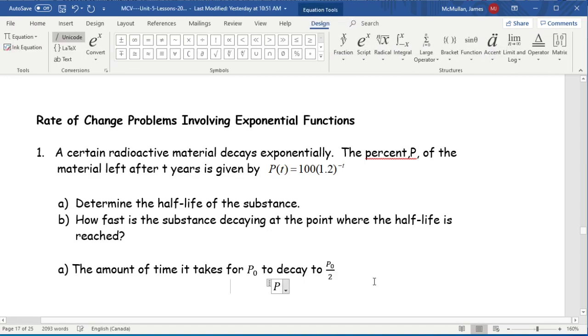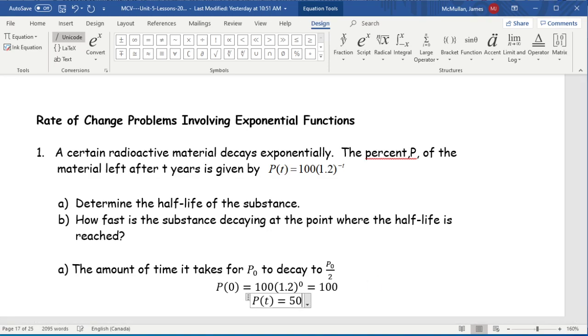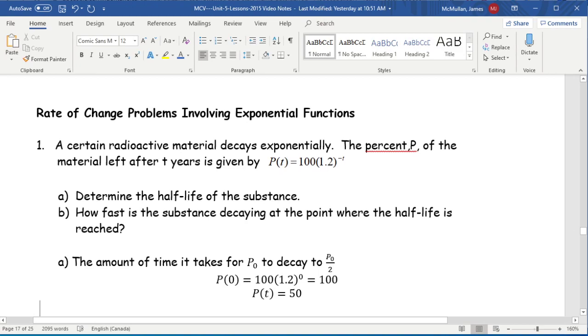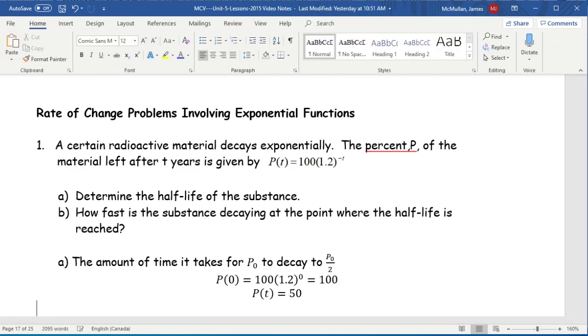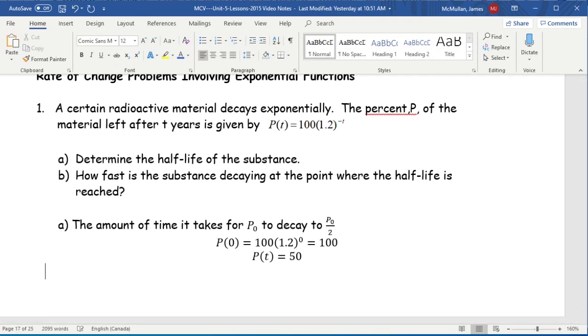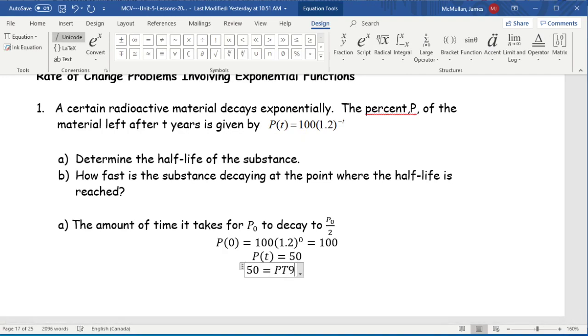In our question, P of 0 is equal to 100 times 1.2 to the power of 0, which is equal to 100. The number that we are looking for, P of t, is equal to 50. We want to know what t is, how much time passes by the time it shrinks to half of its original amount. So we're going to set our equation equal to 50.